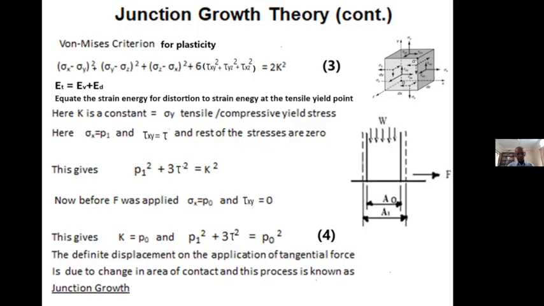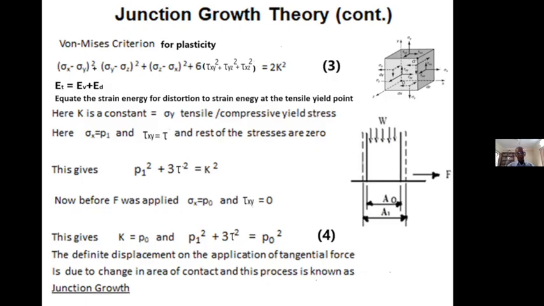Now, if we equate the strain energy for distortion to the strain energy at the tensile yield point, then we come down to equation 3. It's very simple. One can sit down and do it. Strain energy is usually written as half sigma epsilon, and we can write the equation in a very simple manner, and of course combine Hooke's law with it.